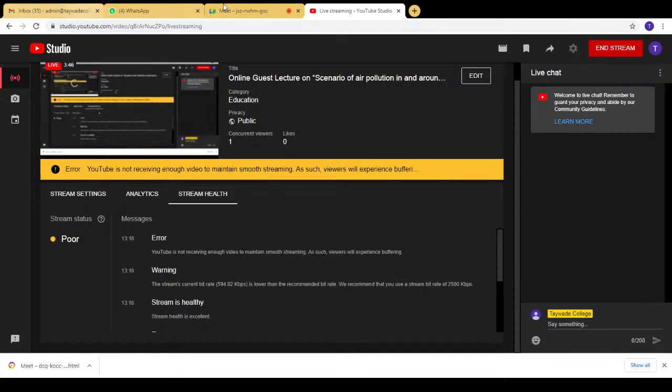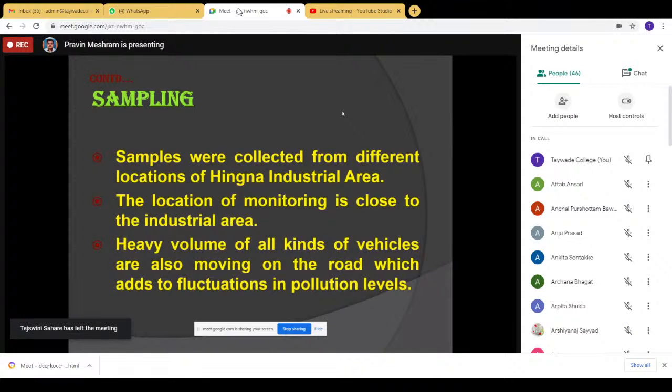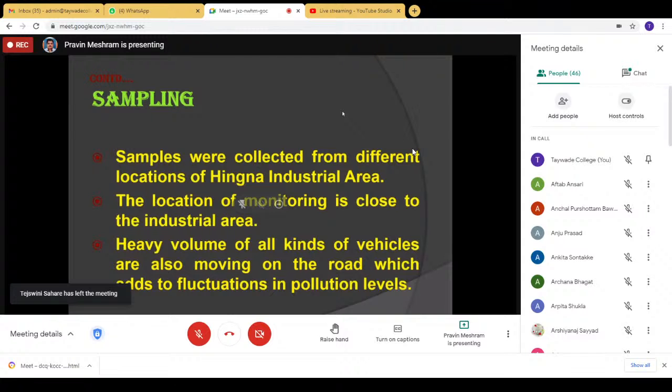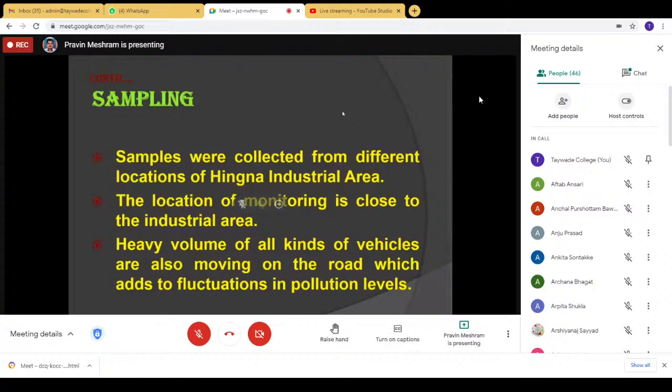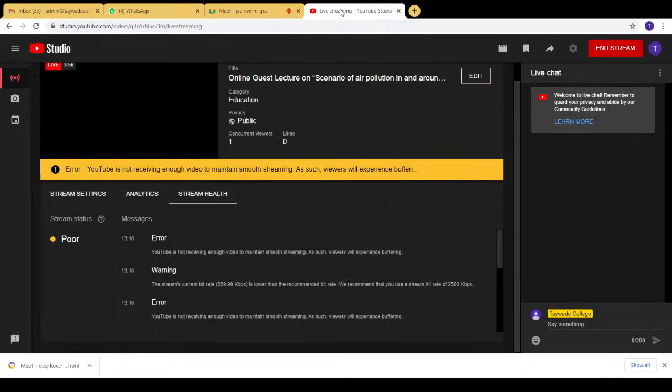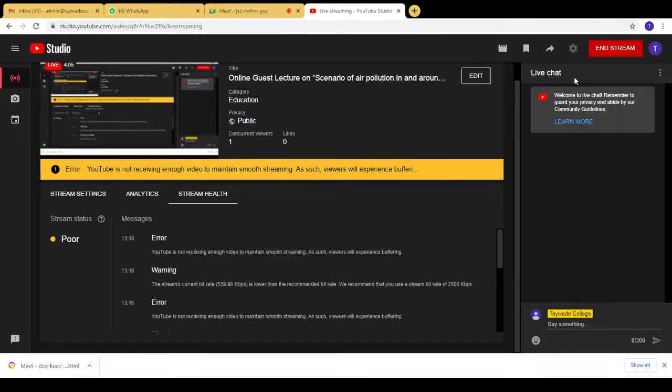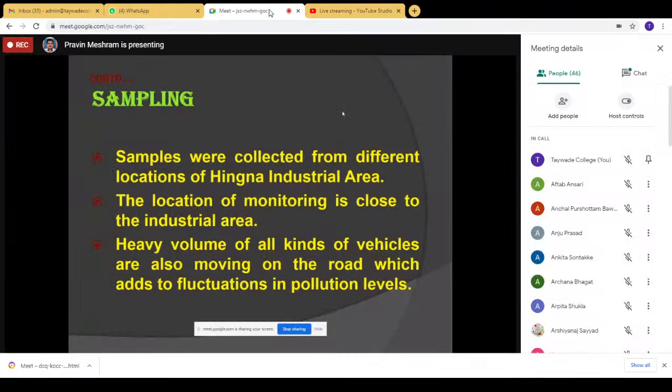Why did we select that location particularly? Because heavy volumes of all types of vehicles also move on the road, which adds fluctuation in the pollution levels. This is why we had to select the industrial belt, from where we would get the maximum amount of pollutants.